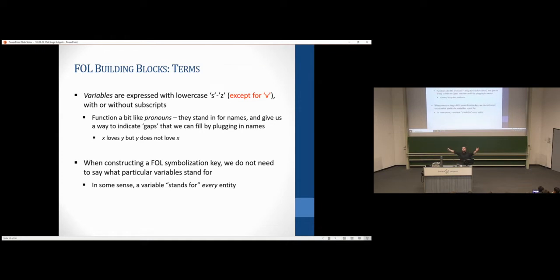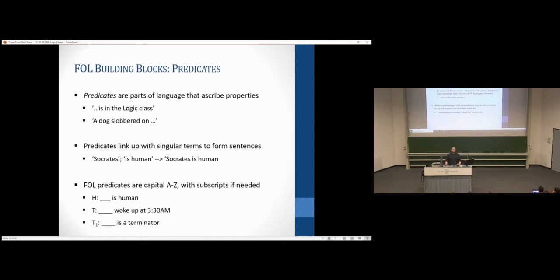So those are our terms. They're either going to be names or variables. Every atom, or what would be our atom, is going to have at least one of these. The other thing that every replacement for atoms is going to have is a predicate. Predicates in natural language are ways to express something like properties.